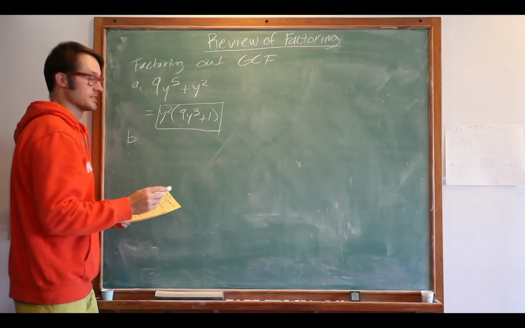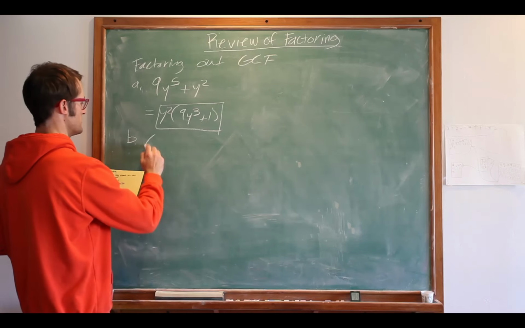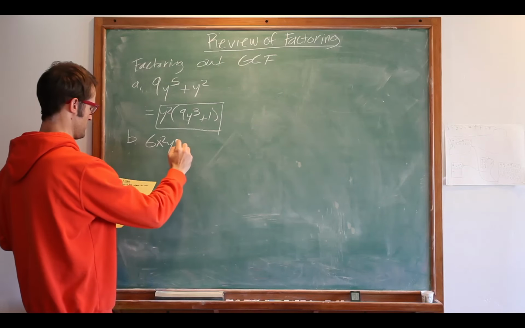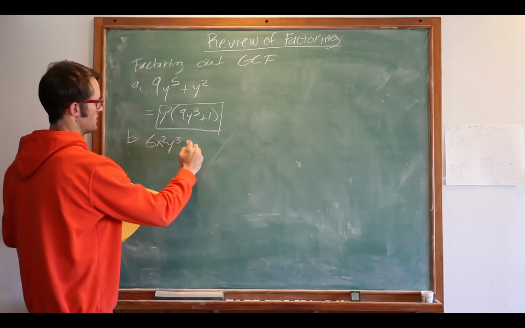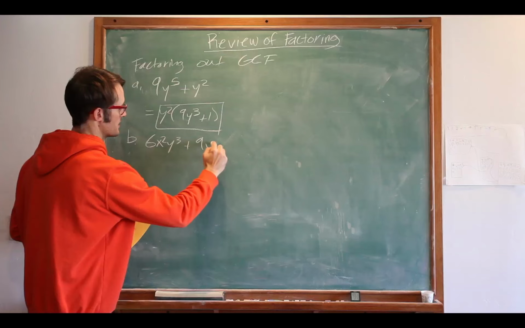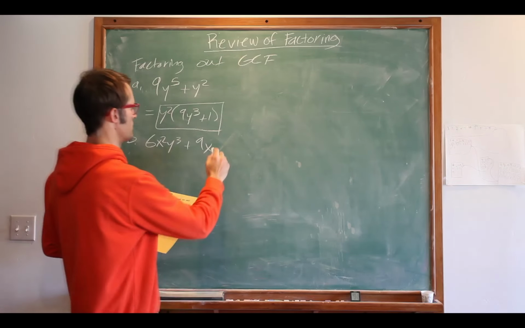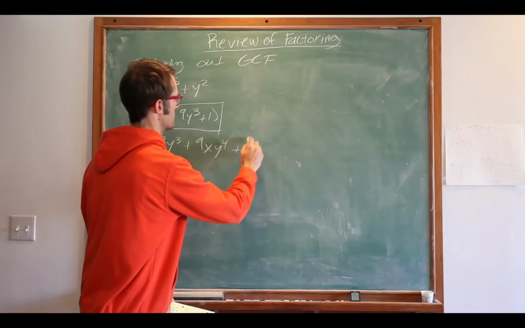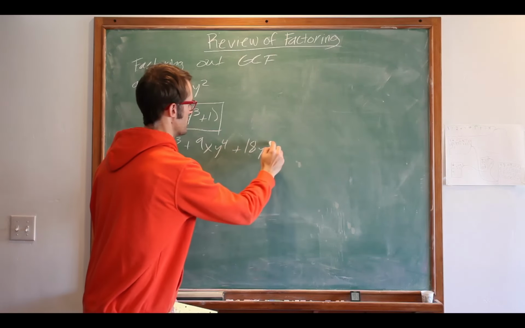We're going to do one that's a little bit longer. 6x squared y cubed plus 9x y to the 4th plus 18y to the 5th.